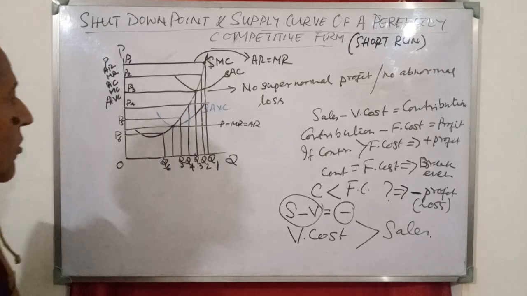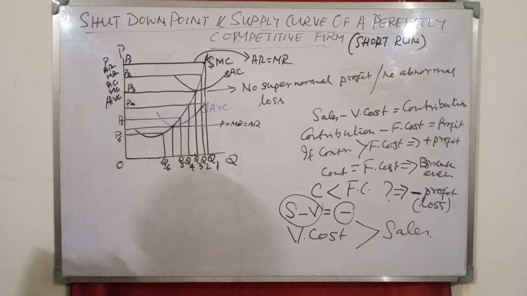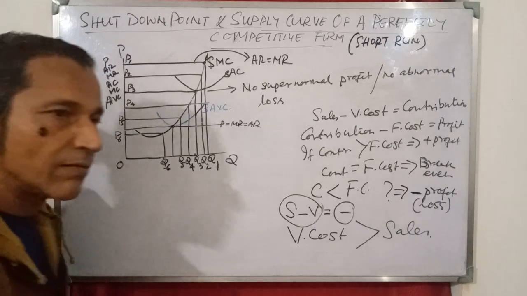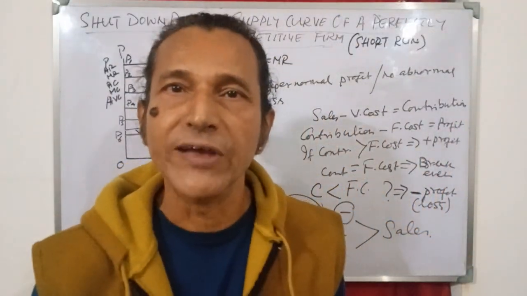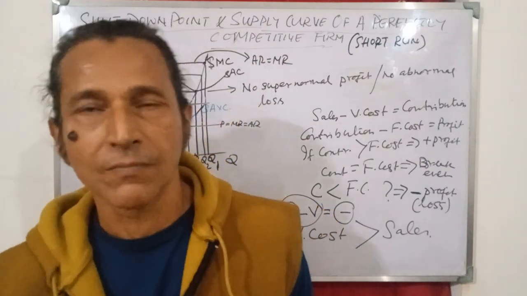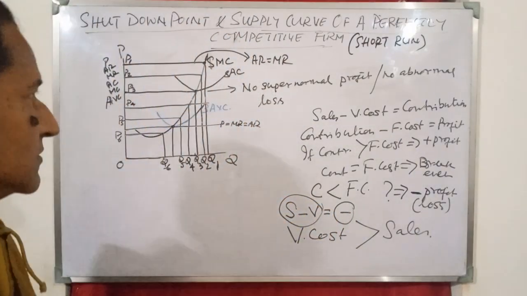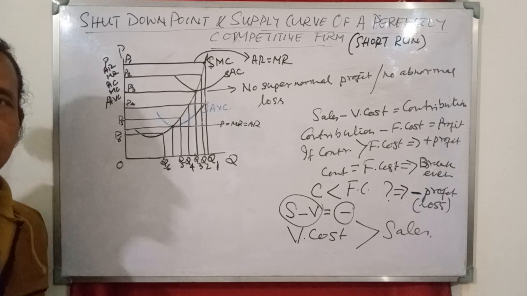So if price falls below P sub 5, then the firm won't be able to recover its variable cost. Okay? So the firm will not do that.